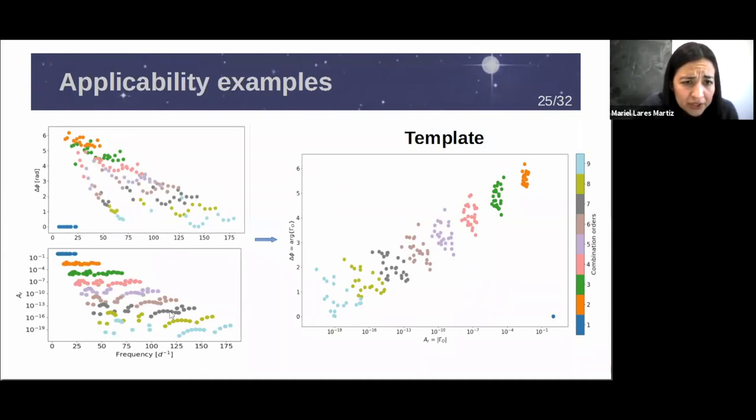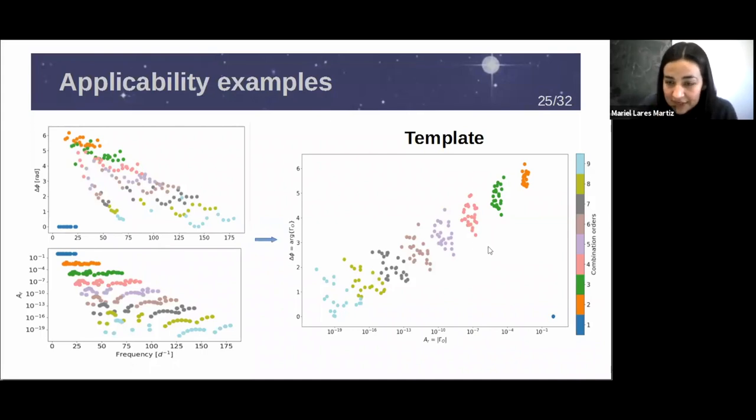So we could merge these 2 plots into what we call a template, the template of nonlinear distortion processes, nonlinearities, or combination frequencies from nonlinear distortion processes template.